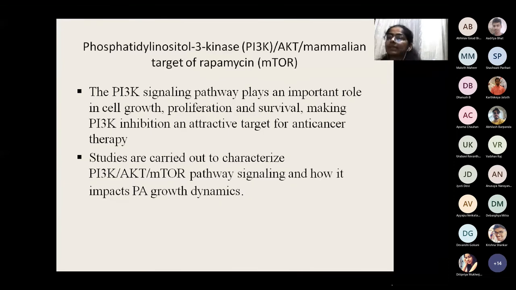The PI3K signaling pathway plays an important role in cell growth, proliferation, and survival, making PI3K inhibition an attractive target for anti-cancer therapy. Studies are being carried out to characterize these intracellular signaling pathways and how they impact pituitary adenoma growth dynamics.